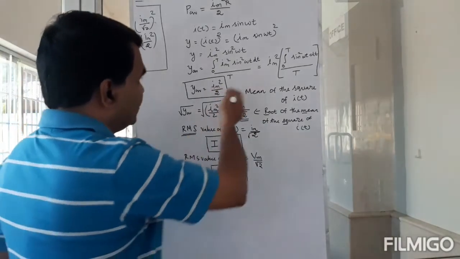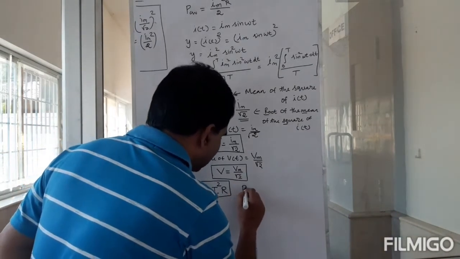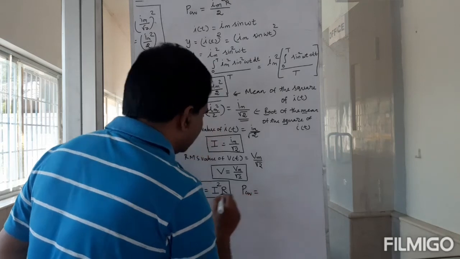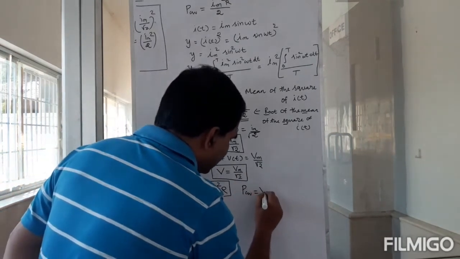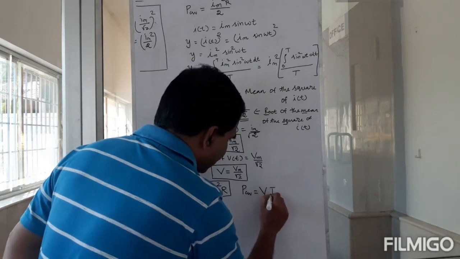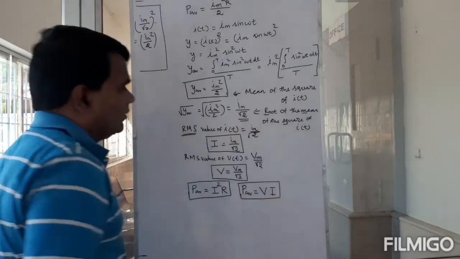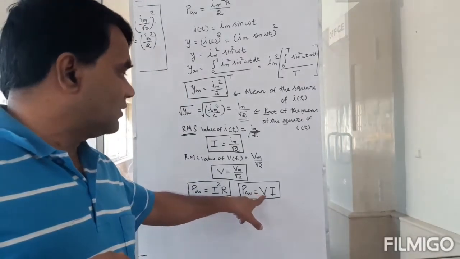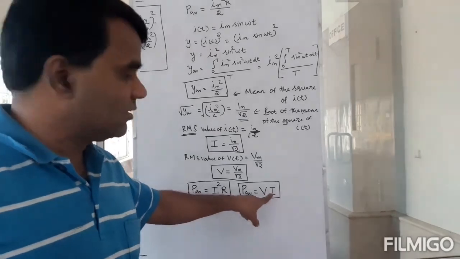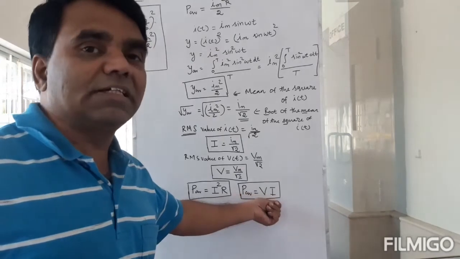Or if you do a little more manipulation, then you can also get P is equal to V into I. I into R will be V, right? So it's V RMS into I RMS. So this is not instantaneous value. It's not instantaneous current. It's not average voltage. It's not average current. Because average voltage will be 0. Average current will be 0.